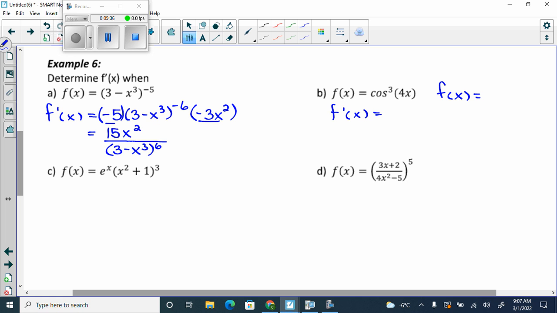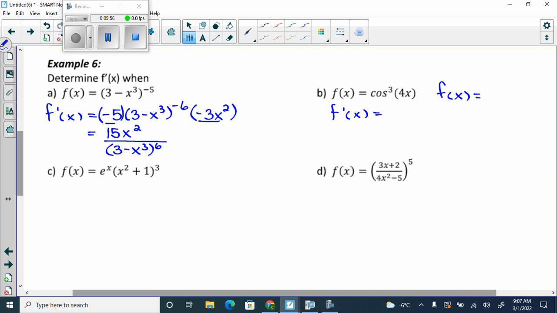Okay, so we have cos cubed 4x. How do we write it? So that we could, how do we type it? We would have to go full brackets, cos 4x to the 3. That means that there's 3 cos 4x's, correct? When they put the 3 in the middle, that means there's 3 cos 4x's.